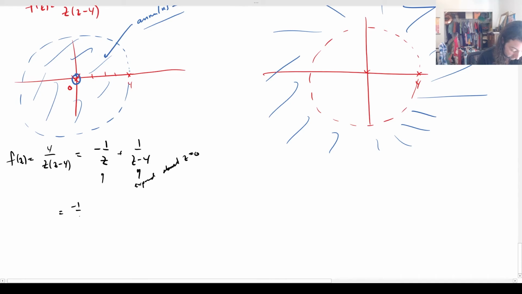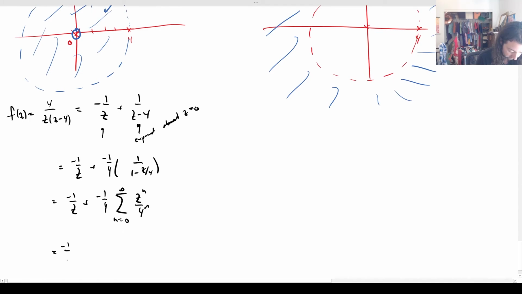So I get minus 1 over z plus, okay, so what do I need to take out here? Minus a fourth times 1 over 1 minus z over 4, which gets me minus 1 over z plus minus 1/4 times the sum from n equals 0 to infinity of z to the n over 4 to the n, which equals minus 1 over z plus minus 1 times z to the n over 4 to the n plus 1.